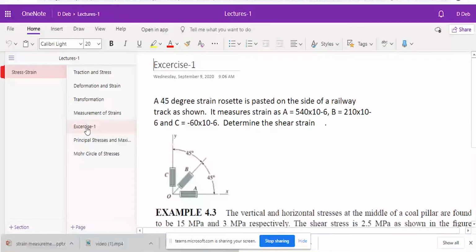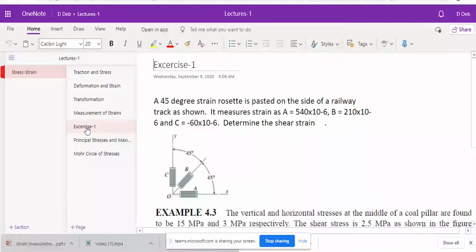One is in the X direction, one is in the Y direction. Let's say Y is vertical, X is along the track, and B is at 45 degrees from the axis of the track. The angle between A and B and between B and C are both 45 degrees. At a certain point of time, we found the strain.